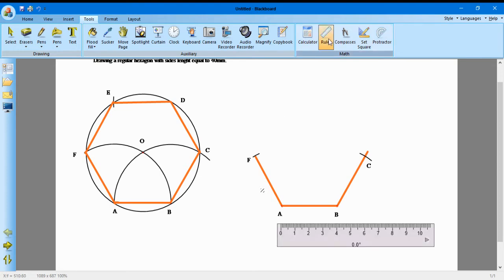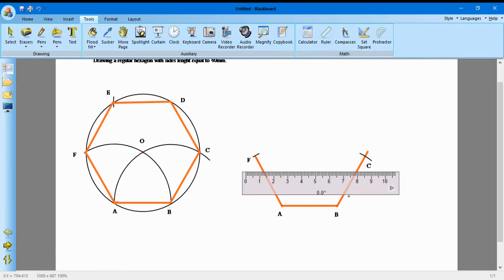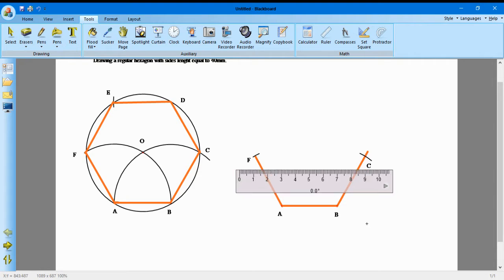I need my compass again. But before using the compass, I need my ruler, which I will set this way. Remember, I am using a ruler. You're supposed to use a T-square. You're supposed to lock your T-square on your drawing board, and that will be your level when you are using your other set squares.